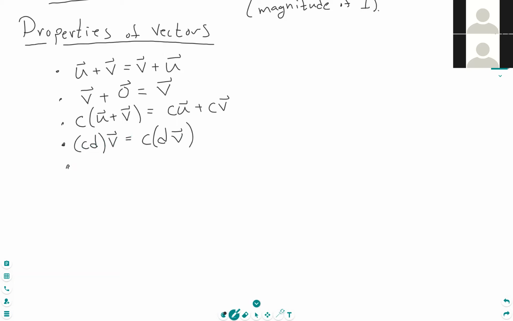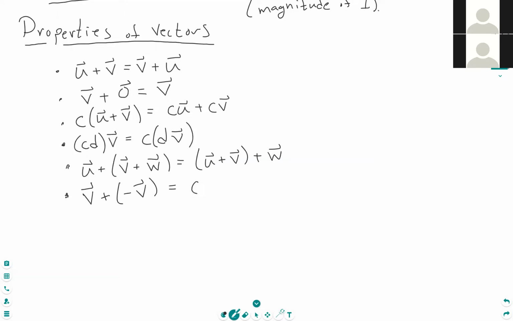Okay, another property is if I have maybe the addition of 3 vectors. So I have u plus the sum of v plus w. I can write this as u plus v plus w. Again, it doesn't matter which I do first out of the additions for vectors. Okay. If I have v and I add to it this negative v, this is how I produce the 0 vector.